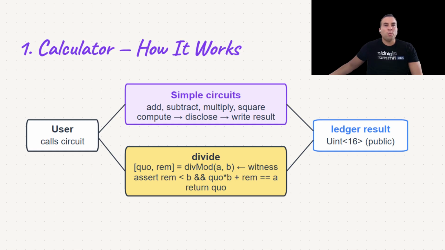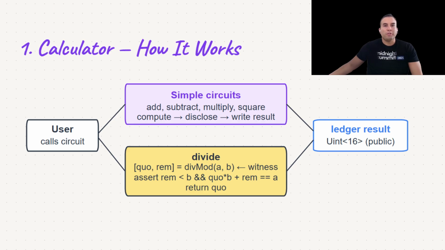The interesting one is at the bottom, divide. It doesn't compute the answer itself. Instead, it reaches out to what's called the witness. That's the little dashed box you see fitting in. And the witness returns both the quotient and the remainder. Then the circuit runs a quick math check.